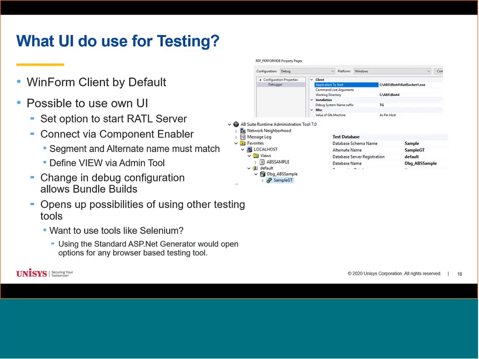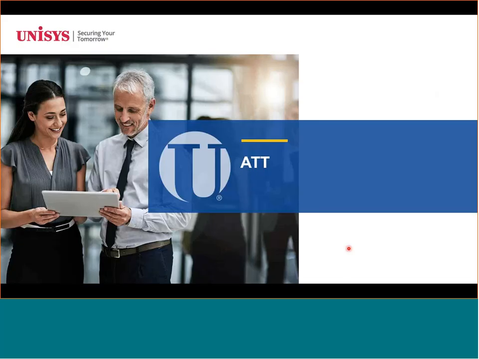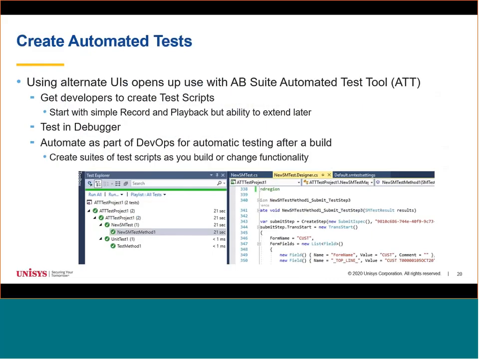Now, part of the reason for introducing this idea is that we've got our own test tool, and that's called ATT. And ATT allows us to create tests, but to use it, you need to use one of the standard UIs.